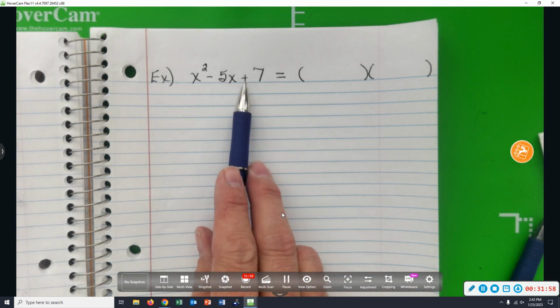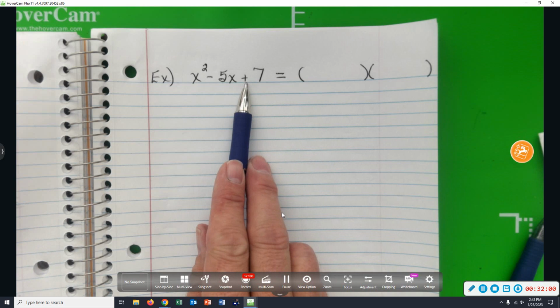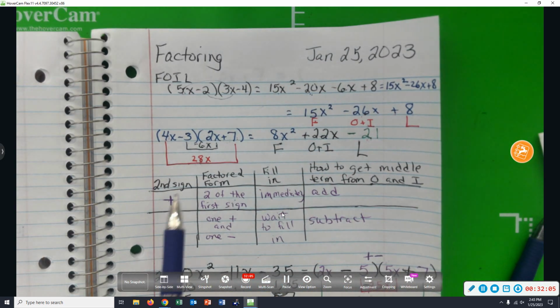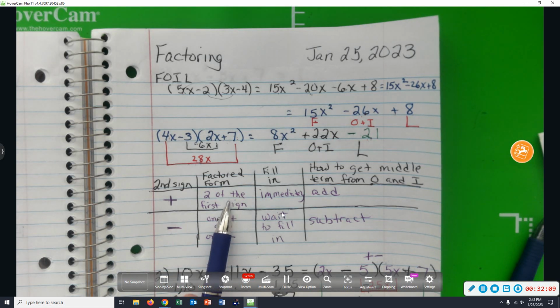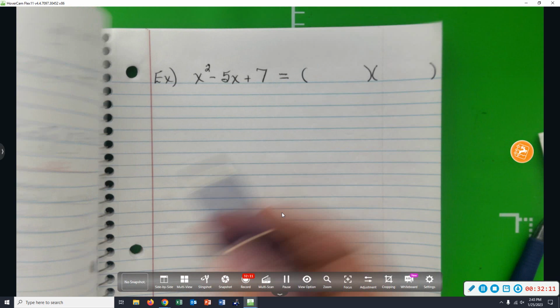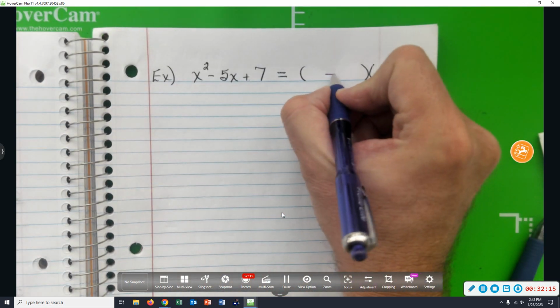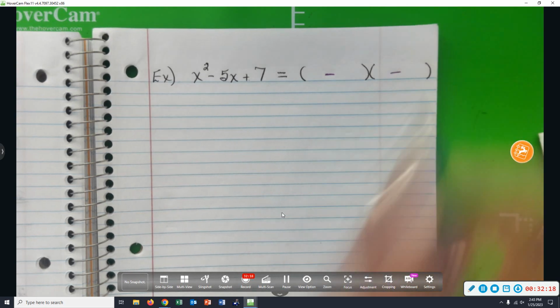When I'm factoring, I always look at that second sign. That's how I start off. Looking at that table, if the second sign is plus, you have 2 of the first sign. That means you can fill it in immediately. The second sign is plus, so there.